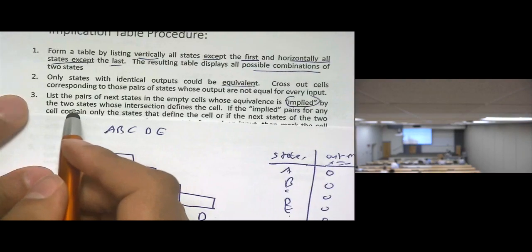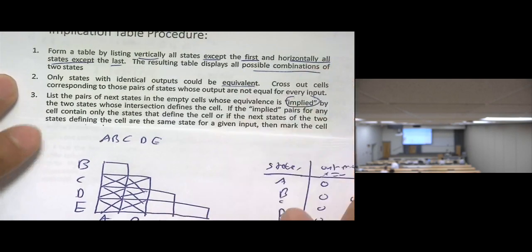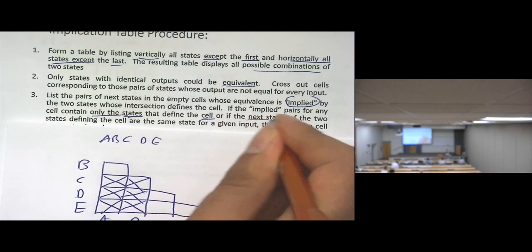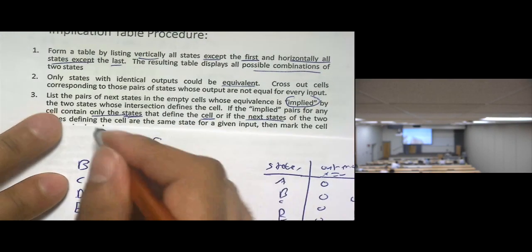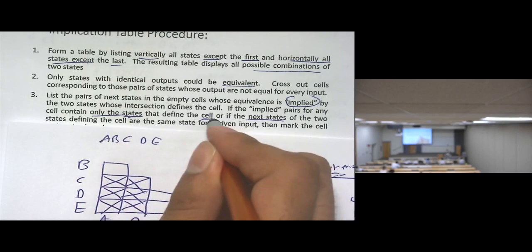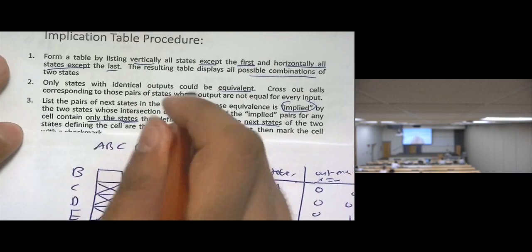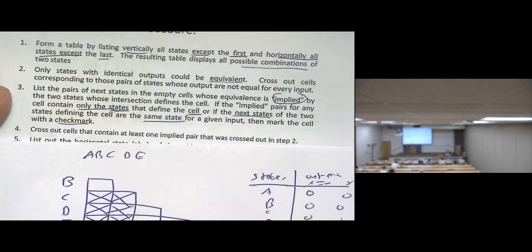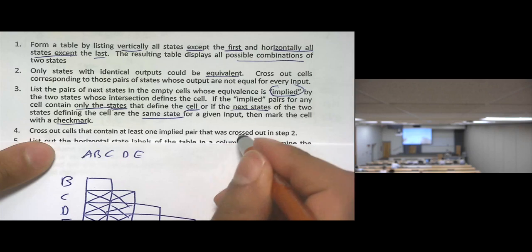If these two states are implied pairs, which have only the states that define the cell itself, or the next states, if these cells contain only the state that define the cell, or they are sharing the next states, or the two states are the same, then we can make a check mark on it.